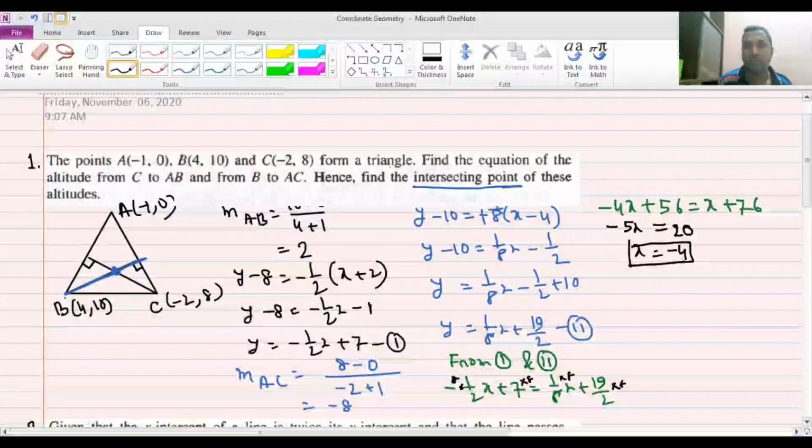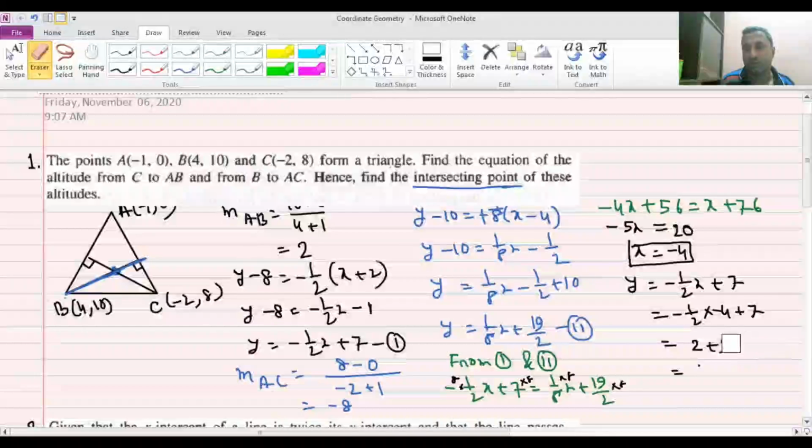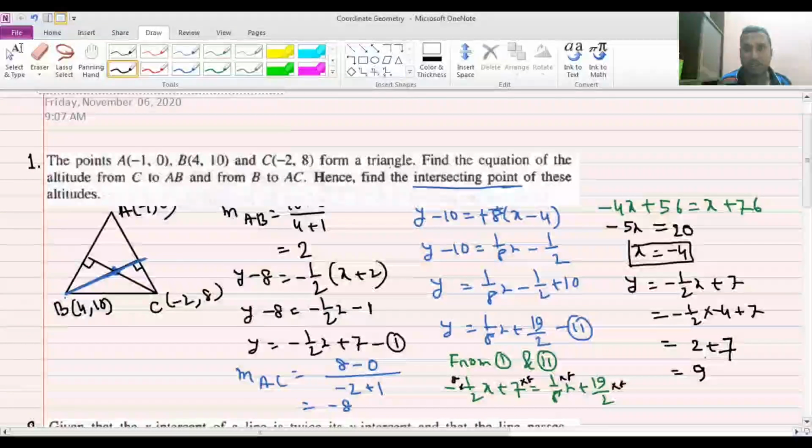Now let me use this value to find y. y = -1/2 x + 7, so putting in -4, that is 2 + 7, which is 9. So the coordinates of the intersecting point will be (-4, 9).